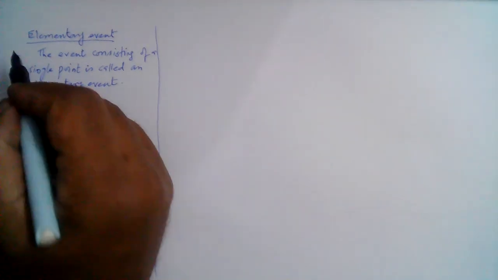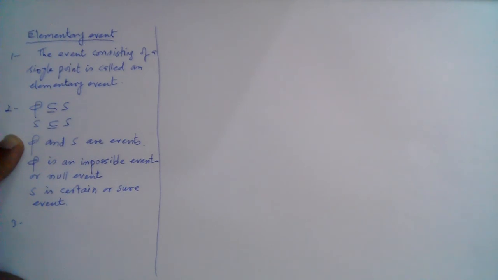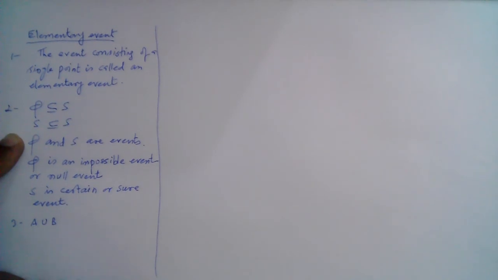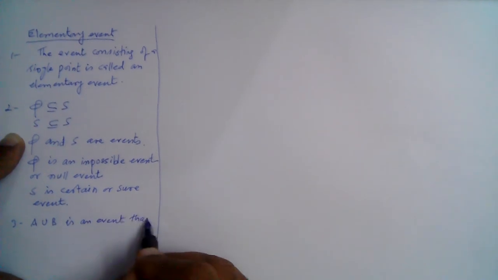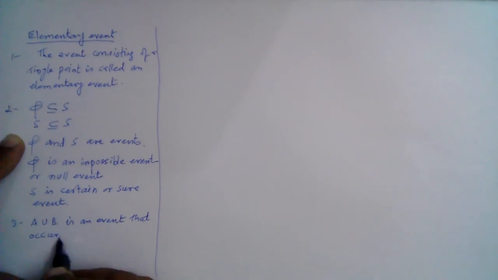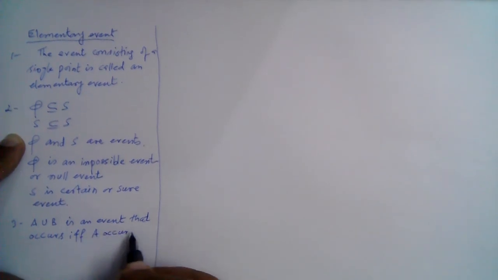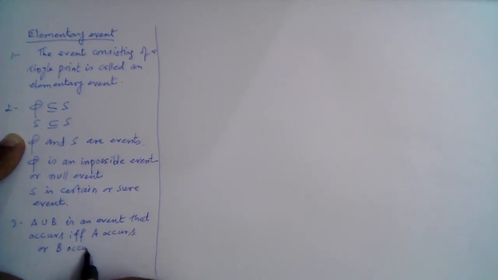So this was point number 1, this was point number 2, and another point related to events is that if there are two events A and B, and we consider the union of events A and B, then it is an event that occurs if and only if A occurs, or B occurs, or both.